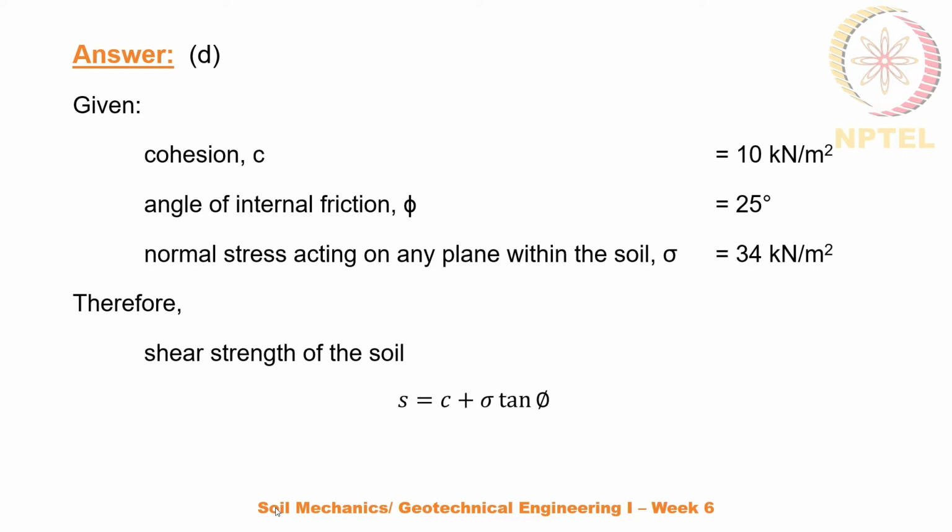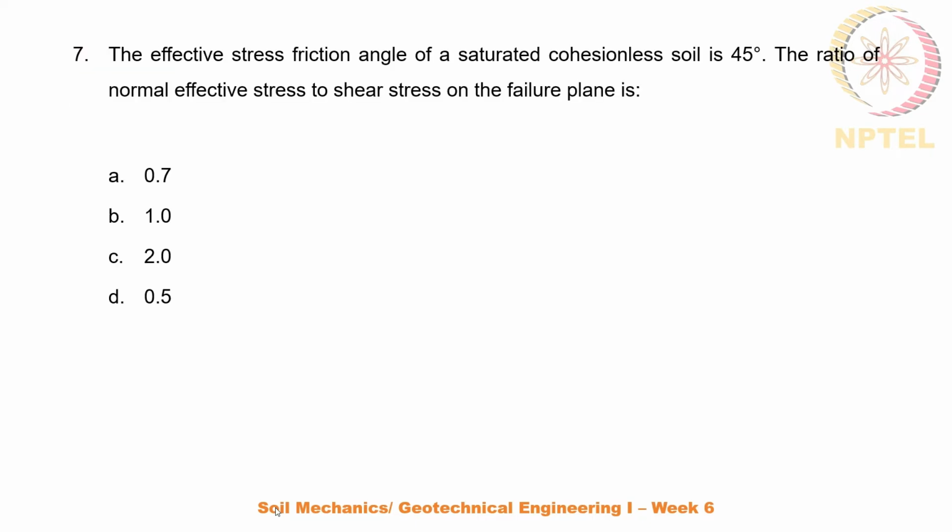So, shear strength of the soil is given by the equation S is equal to C plus sigma tan phi. All the values are provided in the question. By substituting, we have S is equal to 10 plus 34 tan 25, which will give you 25.85 kilonewton per meter square. Hope it's clear. Moving on to the next question.